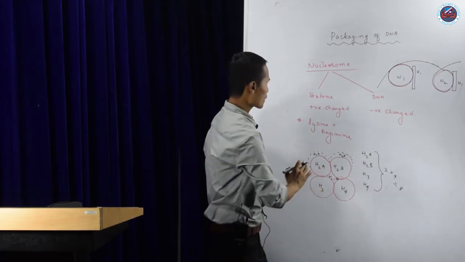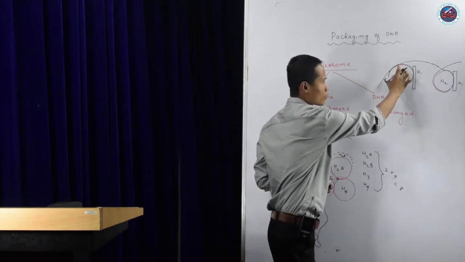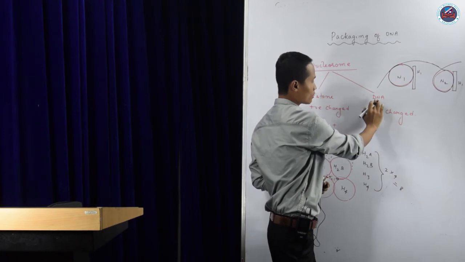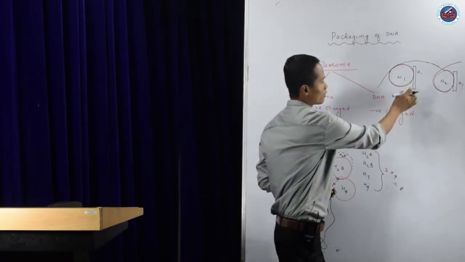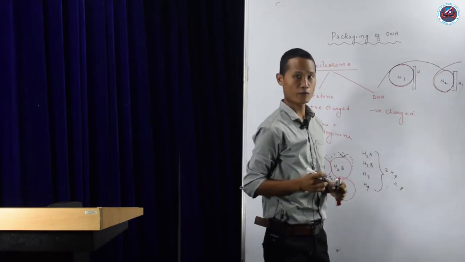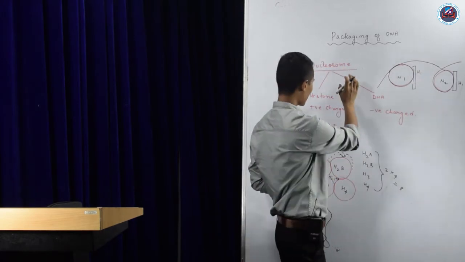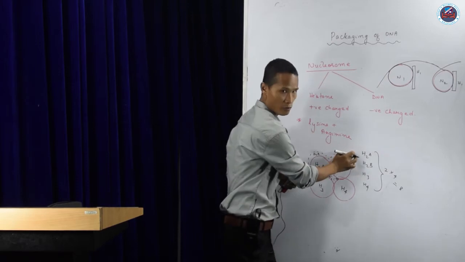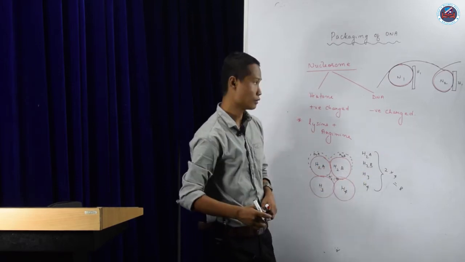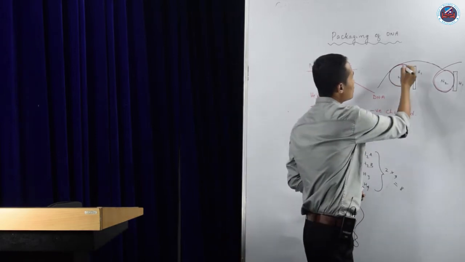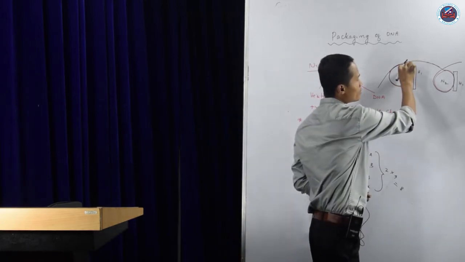Only the histone octamer and DNA are involved, but H1 is not. So when we say nucleosome, we include only H2A, H2B, H3 and H4 molecules.